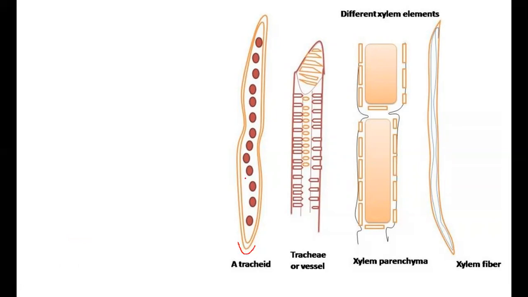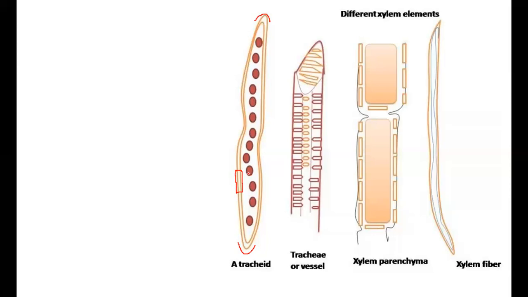Tapering end means the end is pointed, and as you can see from the diagram, the cell is elongated and thick-walled. Here if we see the thickness of the cell wall, it is very thick. So this is the character of the tracheid, that is elongated, tapering, and thick-walled.